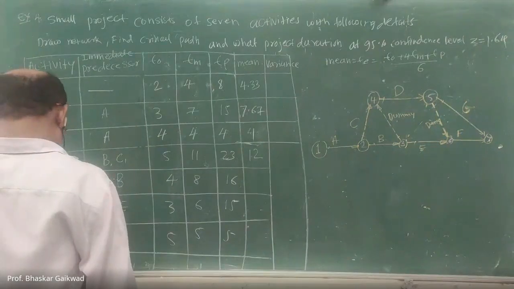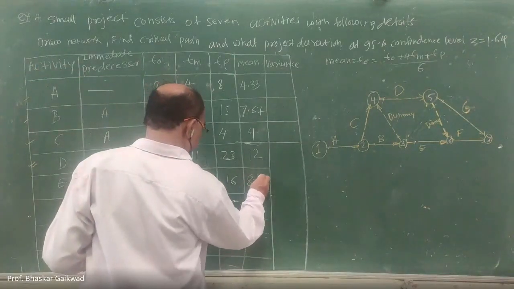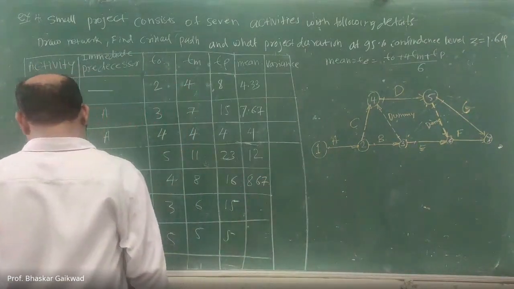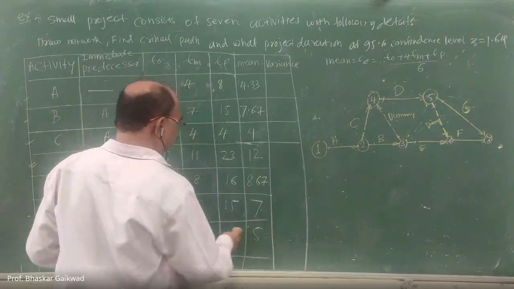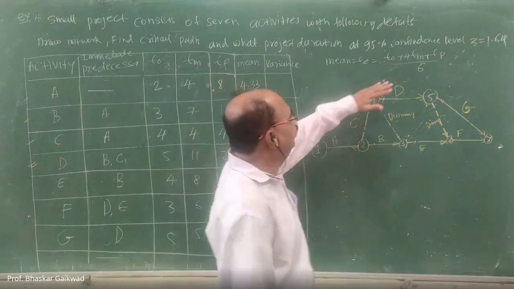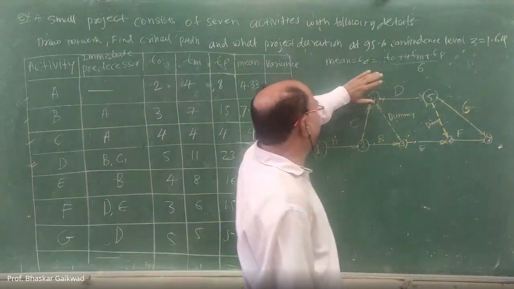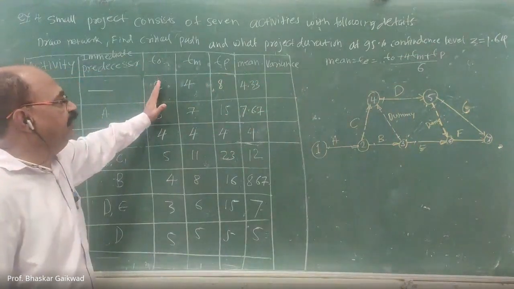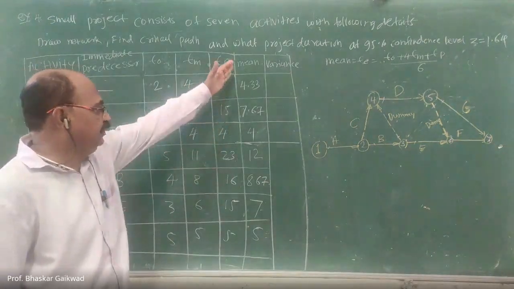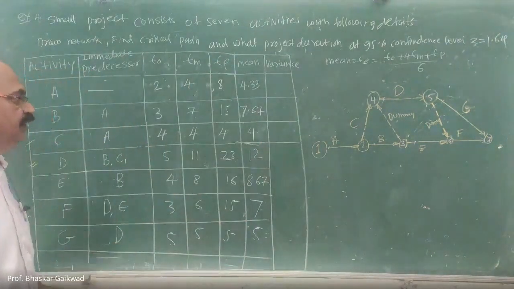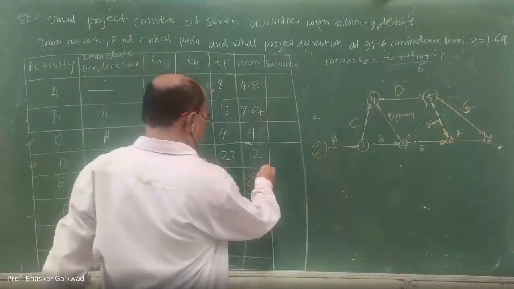Then for E, 8.67. Then F, that is 7. And here is 5. So these values you have to calculate by using this formula. Correct? So To plus 4 into Tm plus Tp divided by 6, you will get all these values. So this is about the mean.